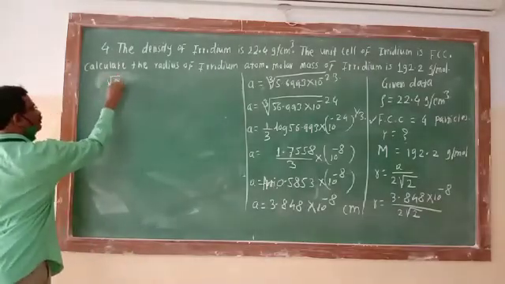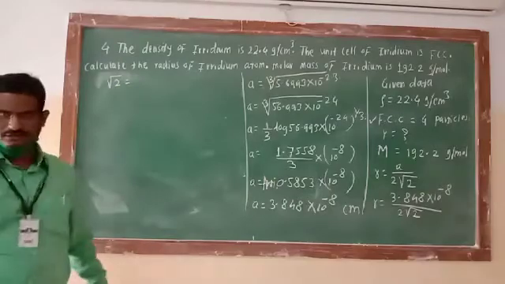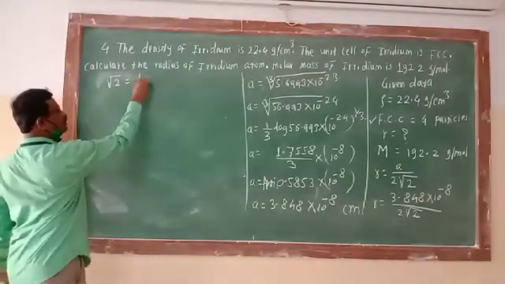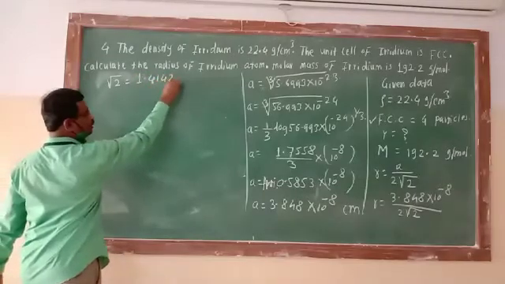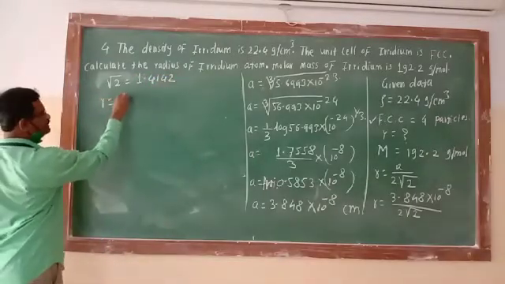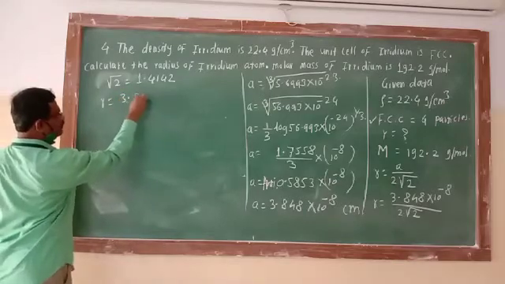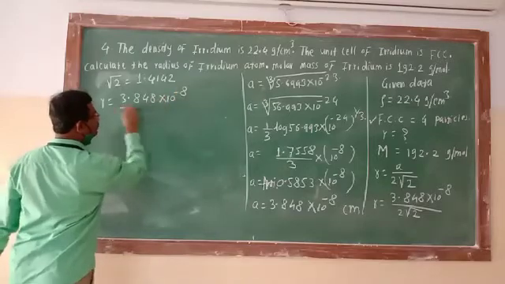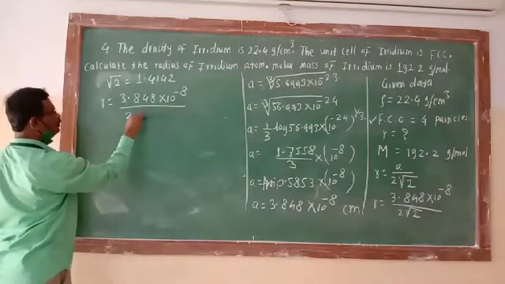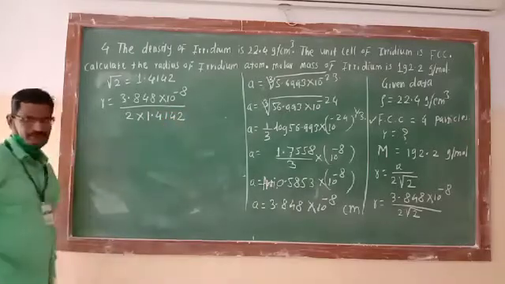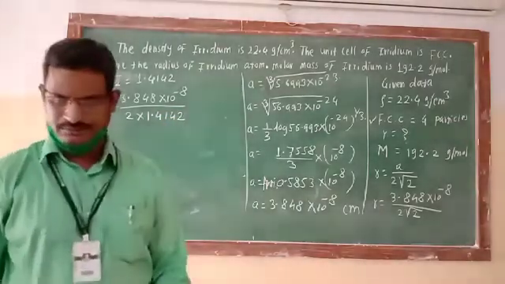Square root of 2, we know this answer. It is equal to 1.4142. Substituting there, radius R is equal to 3.848 multiplied by 10 raised to minus 8 divided by 2 into 1.4142. Now how to solve this factor?